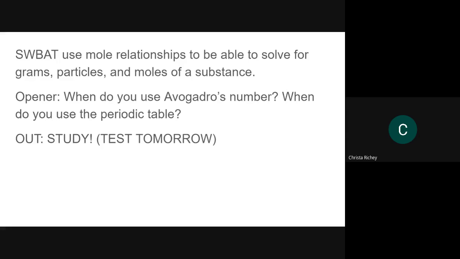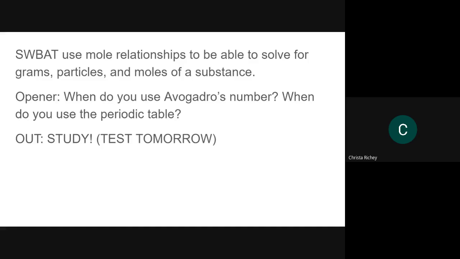For this opener, when do you know when you are forced to use Avogadro's number to do a conversion? How do you know to use Avogadro's number? When you use the 6.02 times 10 to the 23rd, what unit's tied to it? A particle. So if it's an element, that's an atom.